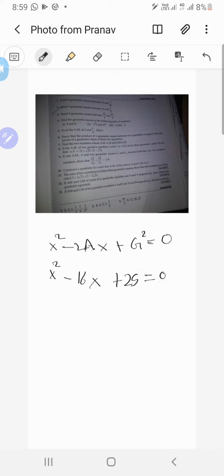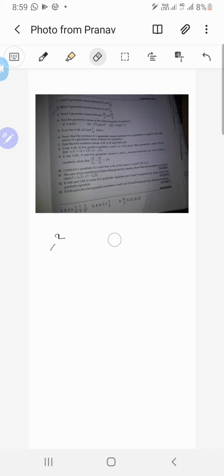The quadratic equation is going to be x squared minus 2 times A x plus G squared equals 0. Over here the AM is given as 8 and the GM is given as 5. So x squared minus 16x plus 25 equals 0. That was easy. Not a big deal at all.